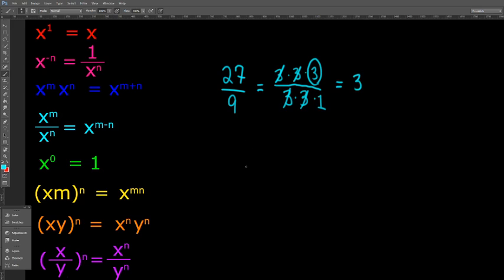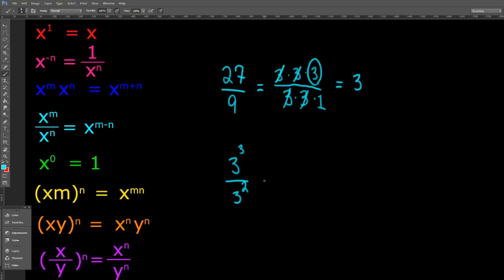Let's think about it using exponents. Well, I guess I did use some perfect exponents here. So 3 to the third power over 3 to the second power, because 3 to the third power is 27, 3 to the second power is 9. Okay, and what this law tells us is that if we subtract the exponents from each other with division, and order matters here, it's what's on top minus the one on the bottom, right?